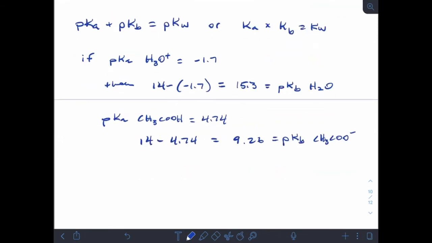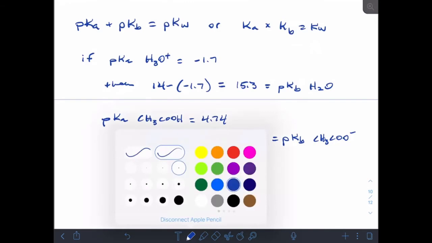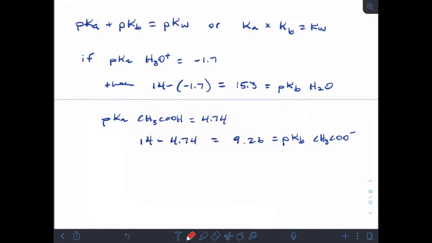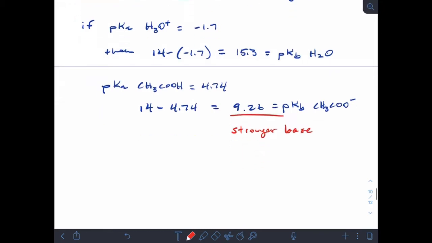So remember, lower pKa or lower pKb means that it's stronger. So that means that between H2O and acetate ion, the acetate ion is a stronger base. As a general idea, the conjugate of a strong acid will be a weaker base.